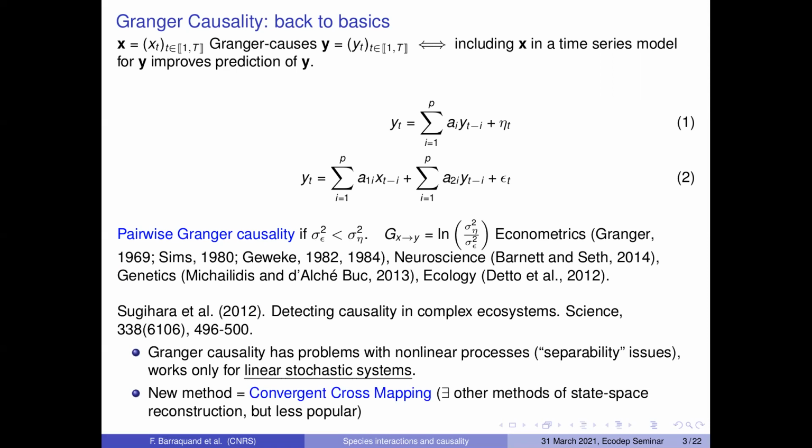In ecology, what has been quite popular in recent years is a technique called convergent cross-mapping. It's been developed by George Sugihara and co-authors, and they put forward this method in a paper called Detecting Causality in Complex Ecosystems, which has been published in Science and has had quite a large impact.